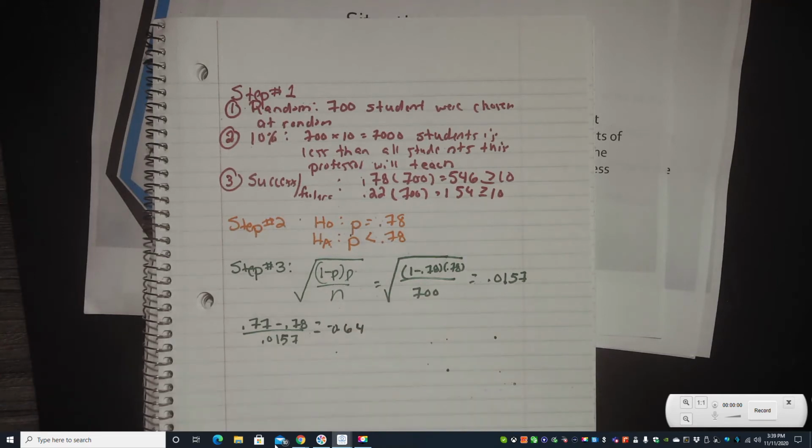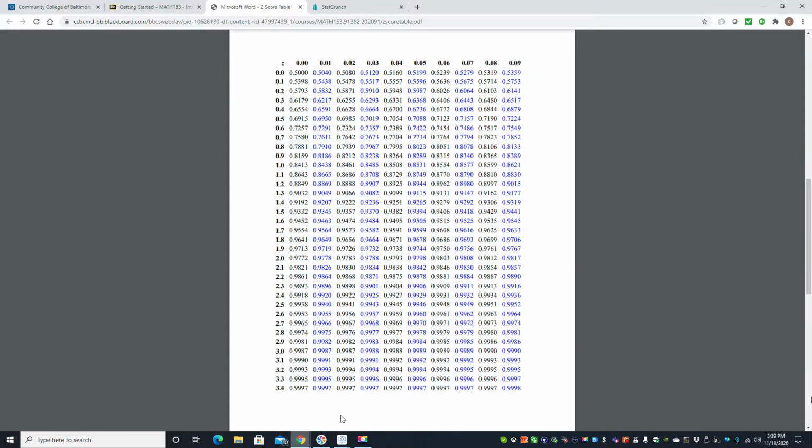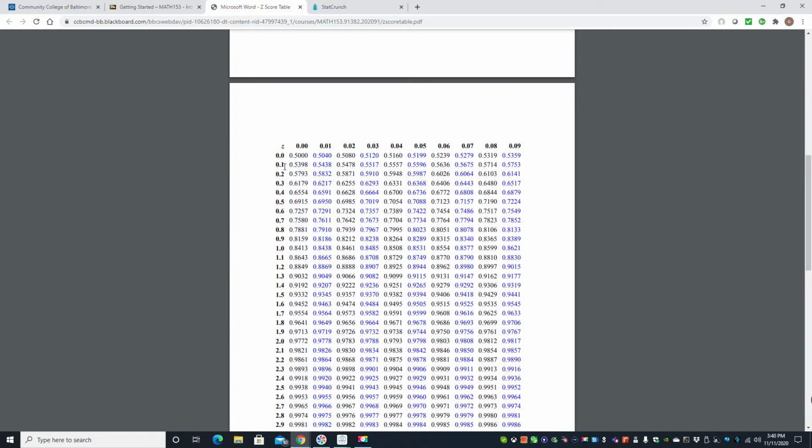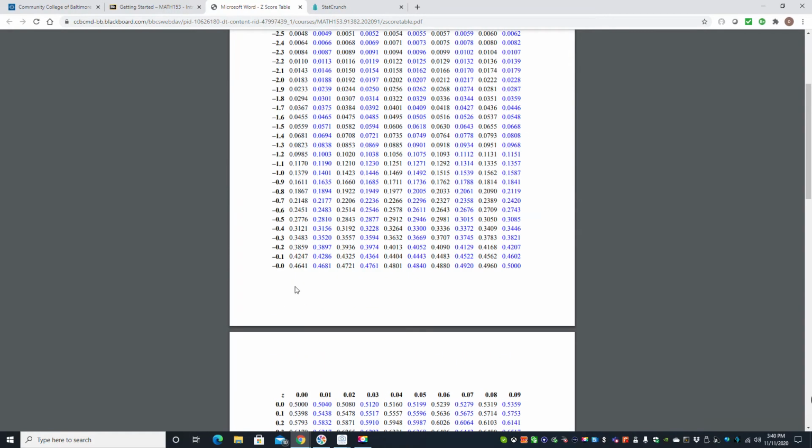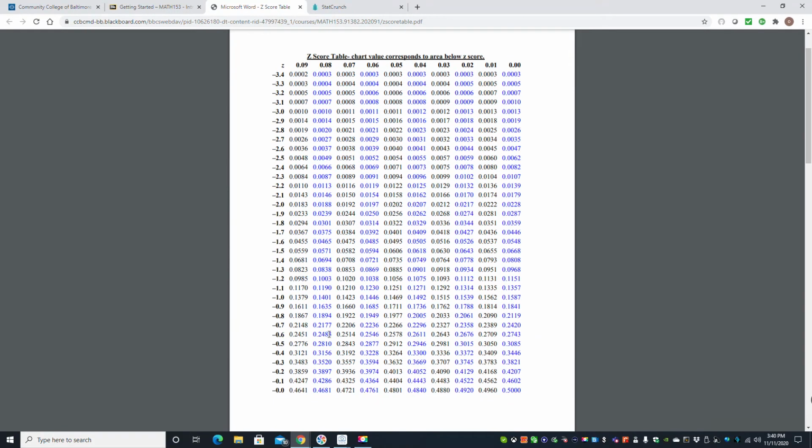0.64, and then again if I jump over to my z-score chart, so I get negative 0.64. So that's 0.2611.